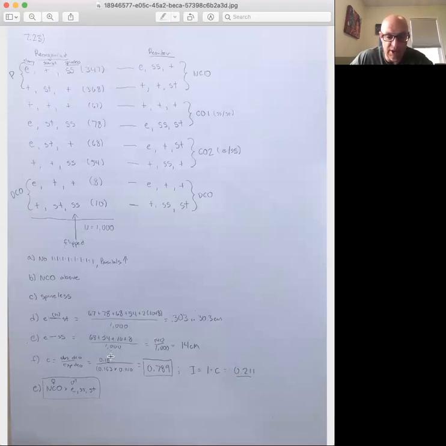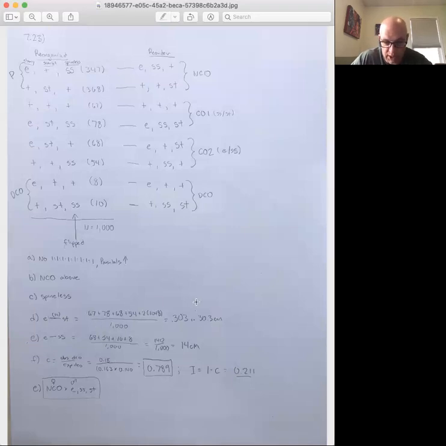That is 0.18. Here we now have to get the distance between each of those genes. So here we have the total distance between the genes. Here we have the distance between E and SS. In order to get the distance between SS and ST, we just subtract this one from that one. That gives us 0.163.